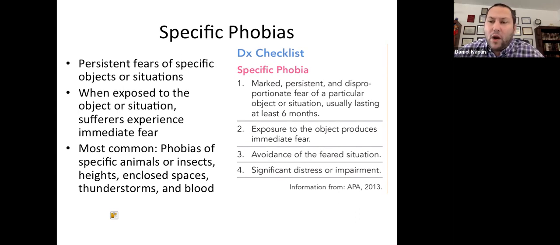But many of them are not. So if you had a garden spider in your house, many people just collect it, release it into the wild again. But what happens with a person who darts out of a room, climbs on a table, screams at the top of their lungs?